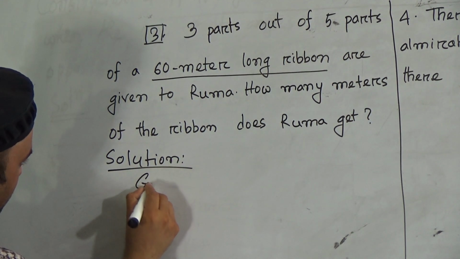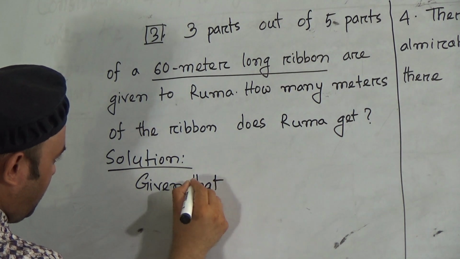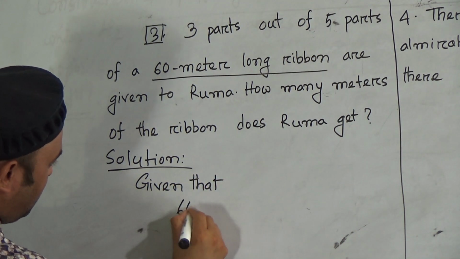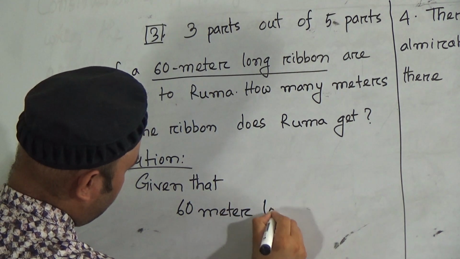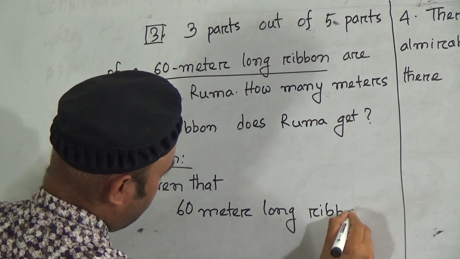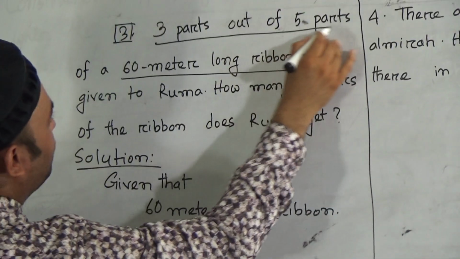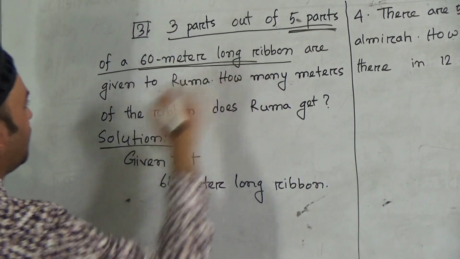given that a 60-meter long ribbon, then 3 parts out of 5 parts of the 60-meter long ribbon.